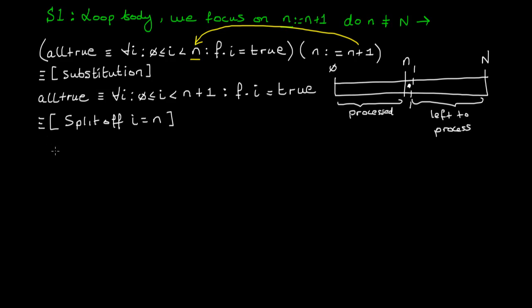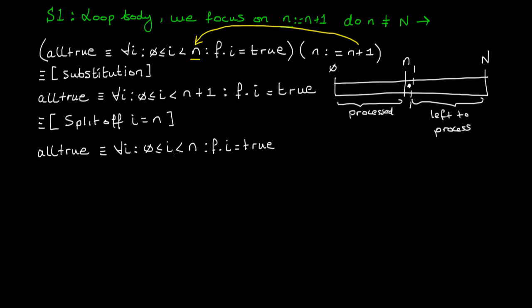So to apply the split off rule, this is how it works. We say all true is equivalent to, for all I greater than or equal to 0, less than small n, and we drop the plus 1 because we'll deal with that in a second, f.I equal to true.